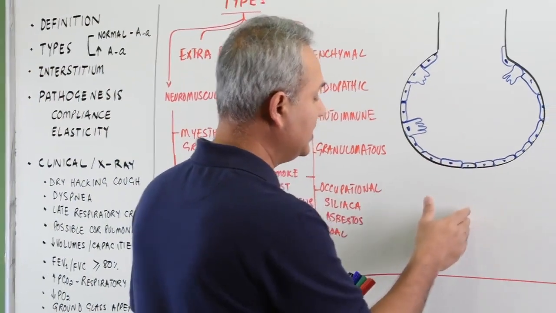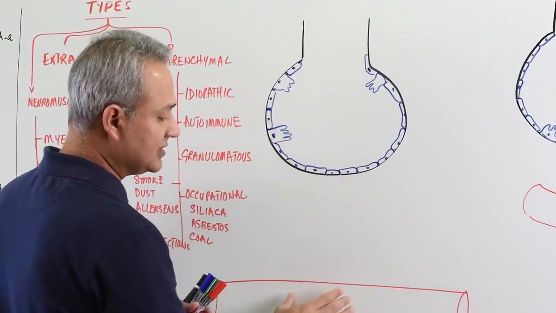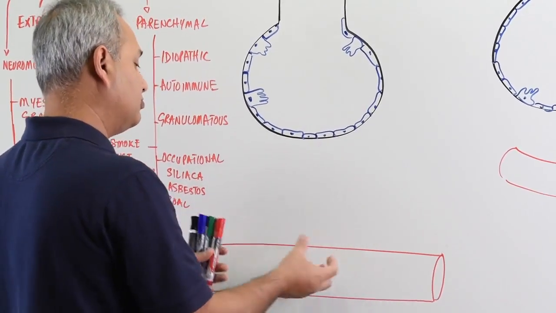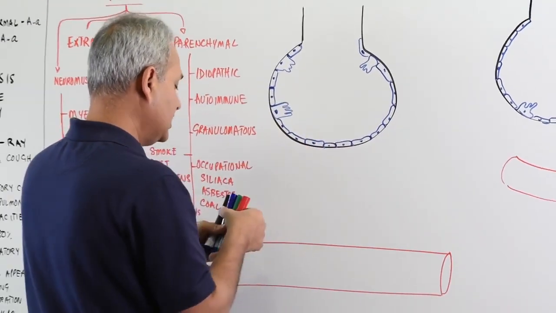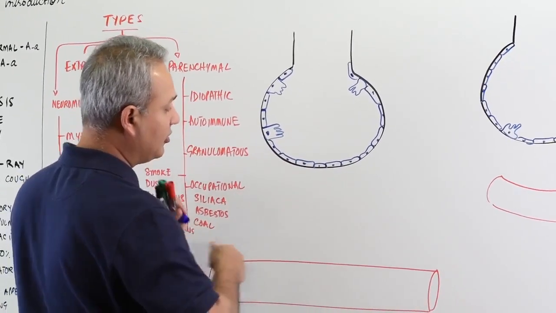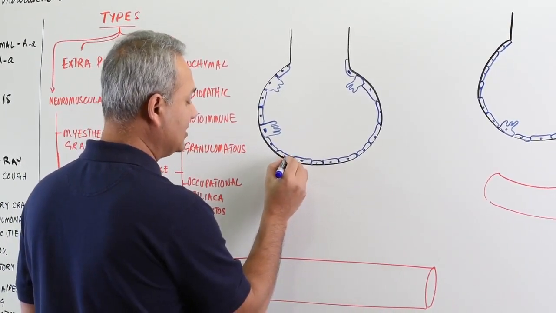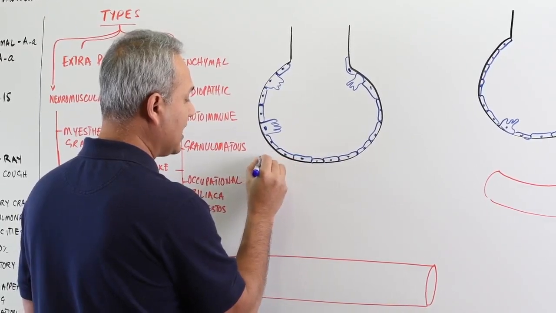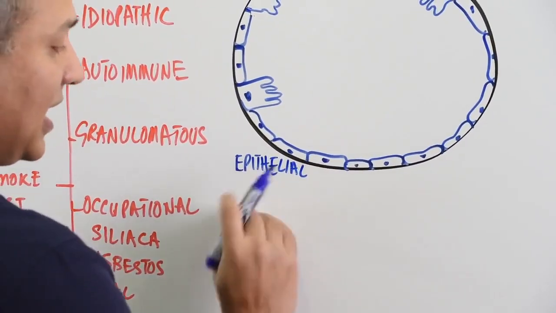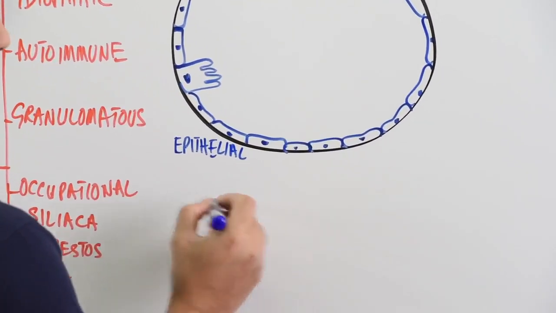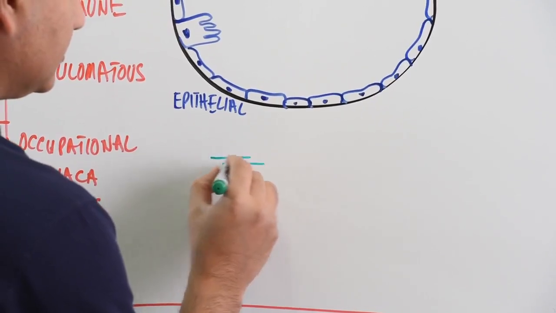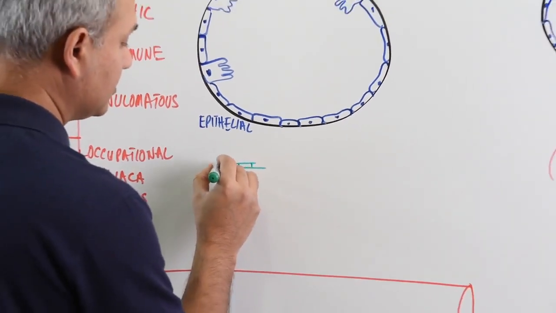So, let's see here. This is an alveolus, this is a capillary. So, this is one artery or branch of the artery, this is an alveolus. Starting from here all the way till here, what do we have? We have epithelial cells. So, these blue cells are epithelial cells. Then outside here we may have some collagen fibers, right?